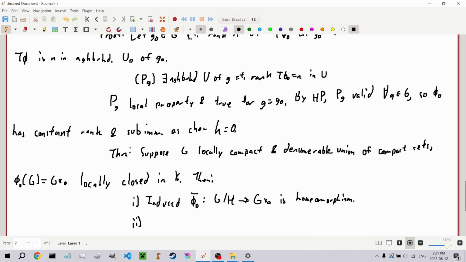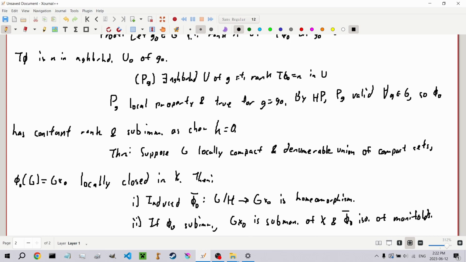And secondly, if phi naught is a subimmersion, then Gx naught is a submanifold of X, and phi naught bar is an isomorphism of manifolds. And this is just by our previous lemma. This is automatic.